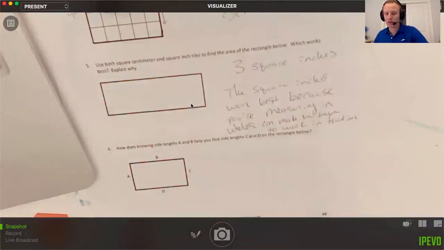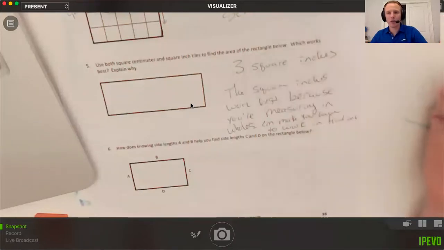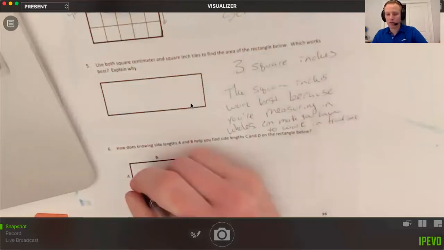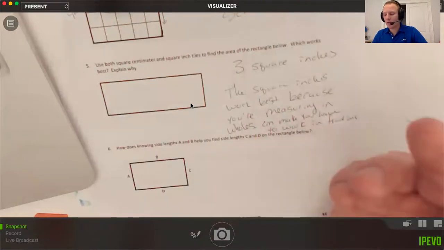And the last topic covered in this lesson is how does knowing side lengths A and B help you find side lengths C and D? We kind of covered that in problem 4, where in a rectangle or square, opposite sides have the same side length measurements.